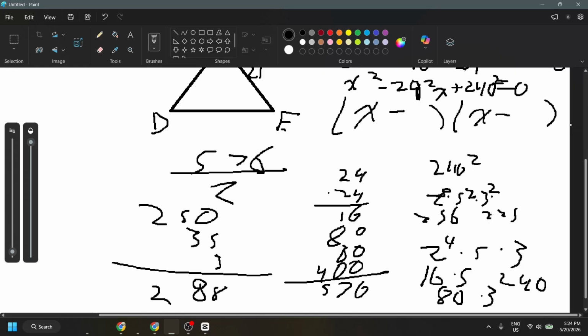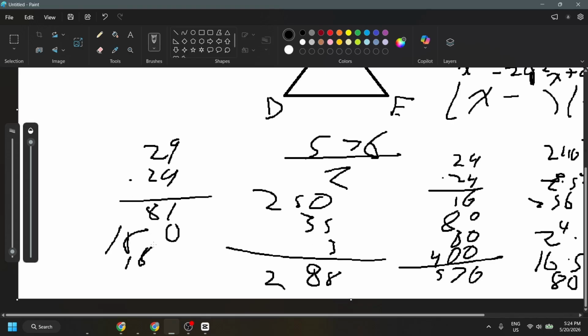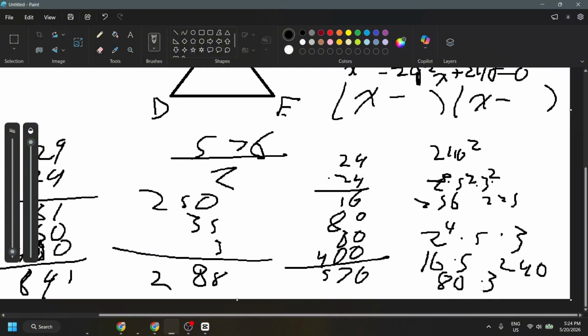No, it doesn't. 29 squared is... So 841.